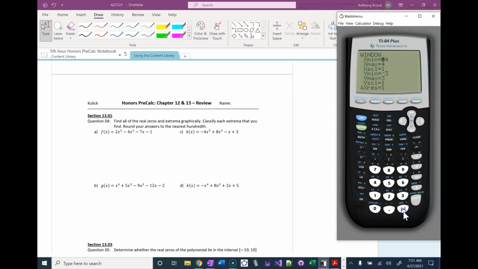I don't really know what to expect here, so I'm just going to graph this over the standard window. If I have to go back and change things, I can do that.